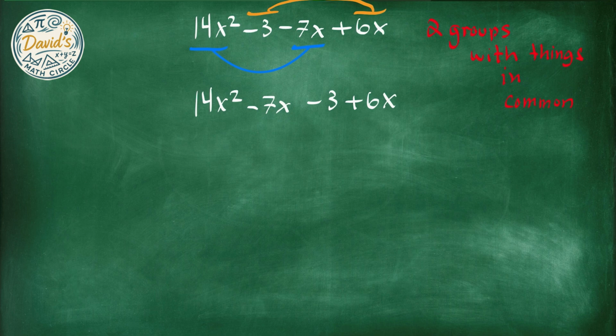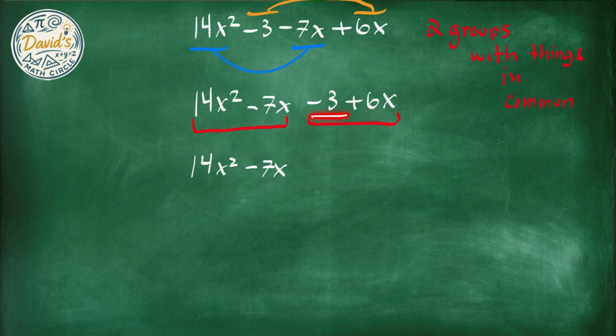In general, once it's separated, I want to place my terms like so. Now I have my 2 groups, but I want to place my terms with variables in order of power. So x squared would come before the x, and the x would come before the constant.